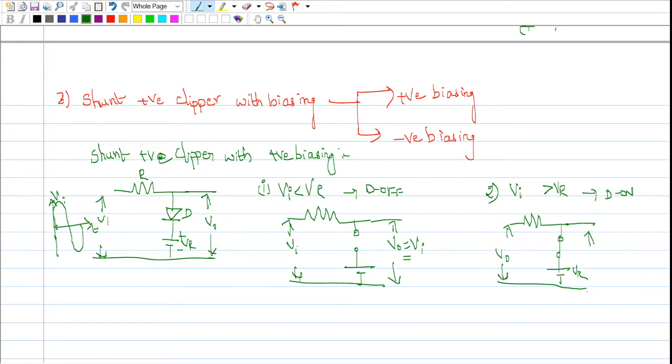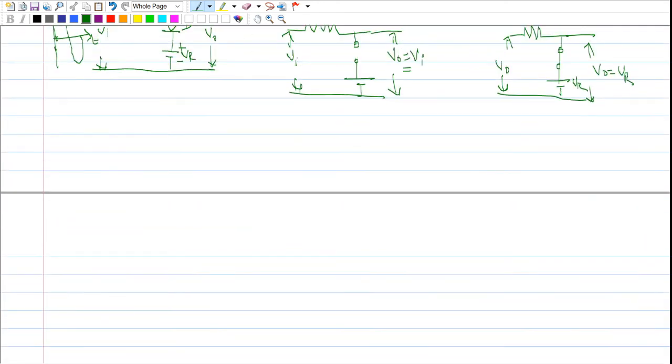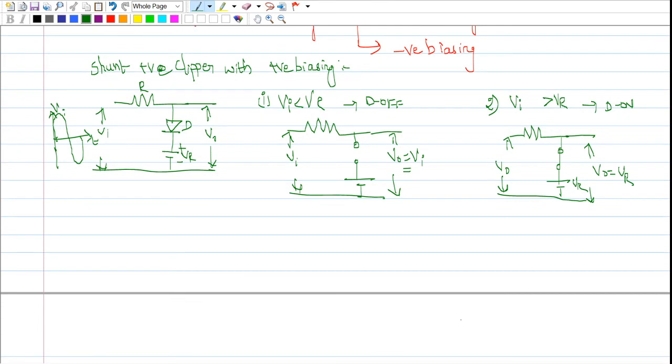What is the output voltage? V naught is equal to VR only. For the lower voltages, V naught is equal to Vi. These two equations are called the characteristic equations. This is the analysis of the diode.